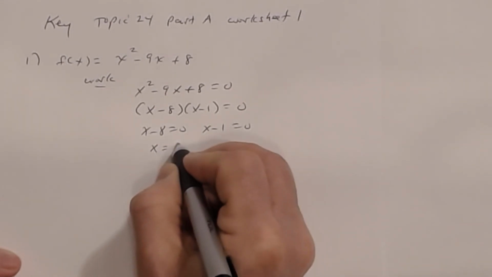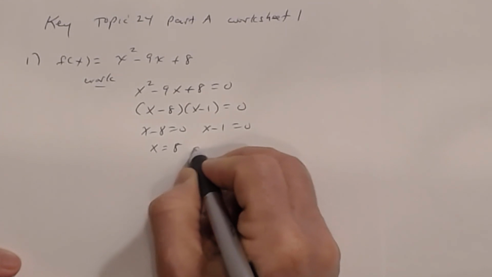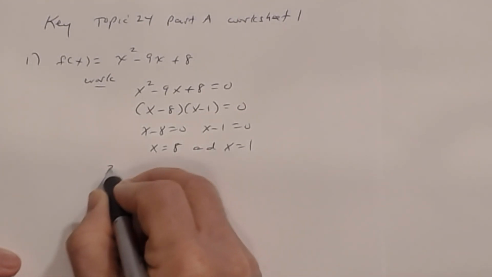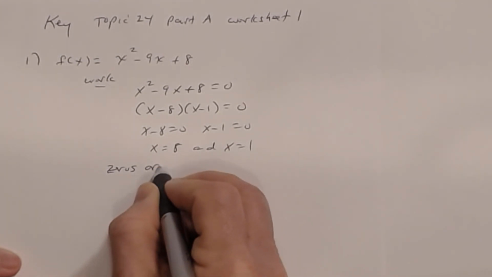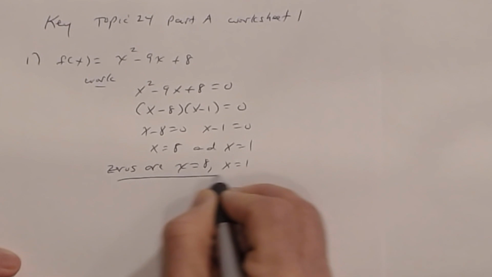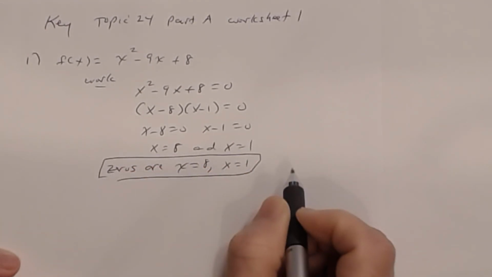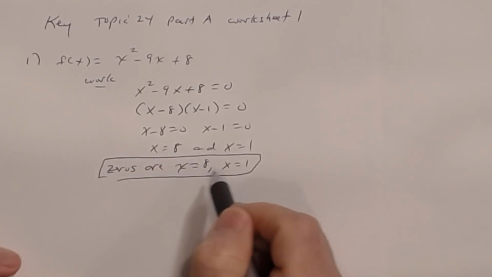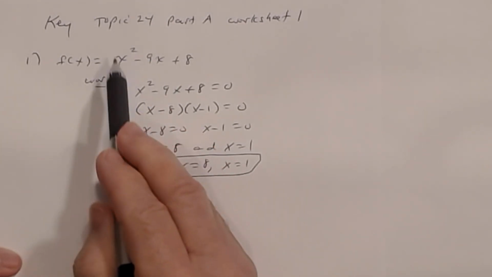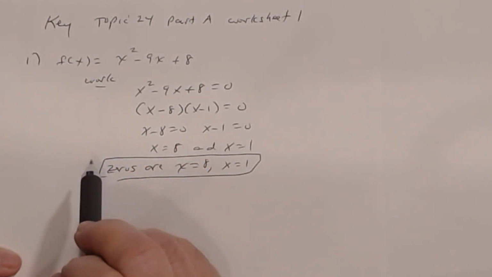And so my zeros are x equal 8, x equal 1. Those two values are the values of x for which this function is equal to 0.